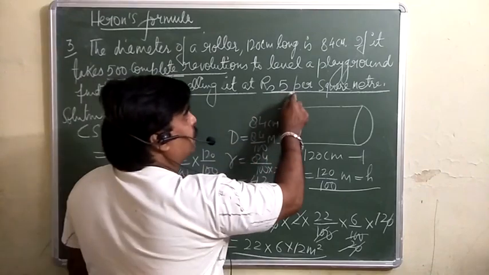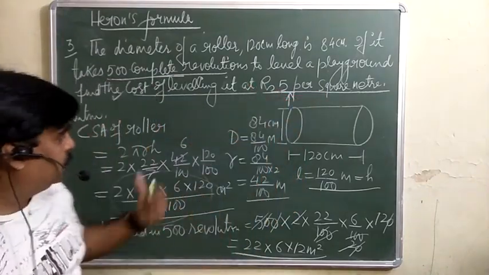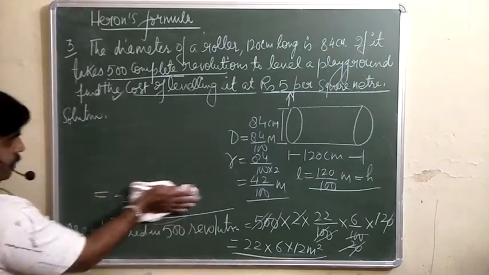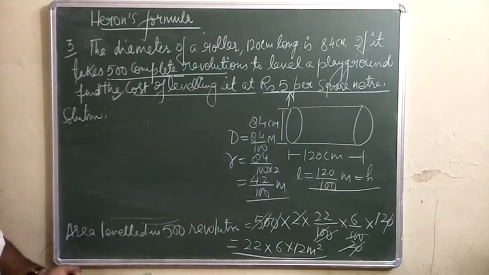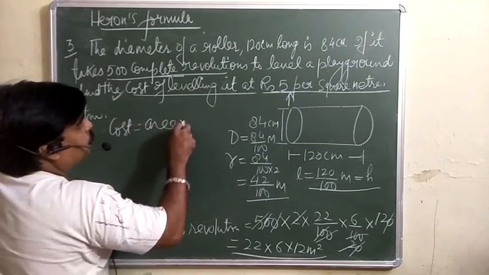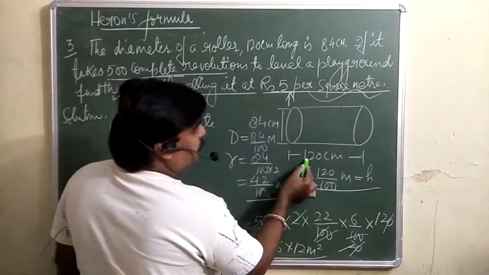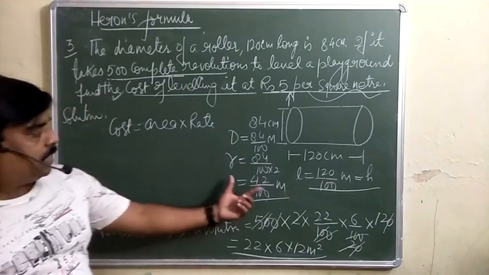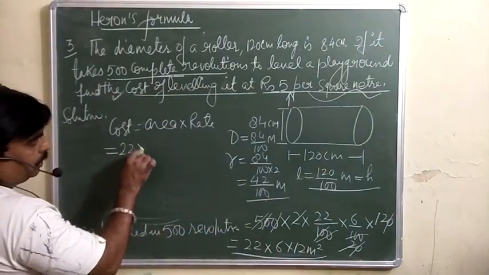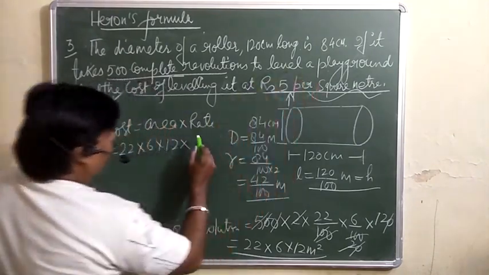Now the cost is given here. Your rate is given. Now you have to find the cost. So the cost will be, look here now, equal to area into rate. Because the rate was given in meter, that's why we changed this length and this radius in terms of meter. So here we are getting area 22 into 6 into 12 and your rate is given 5.